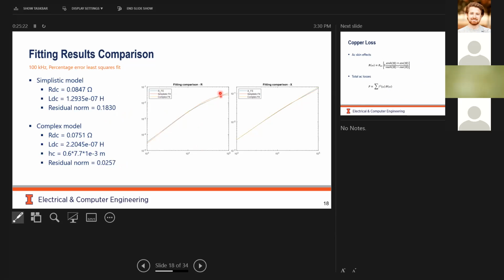So we decided that the complex model is more suitable for the modeling because it has higher accuracy, and we will use the circuit parameters determined by this model to determine the current harmonics.